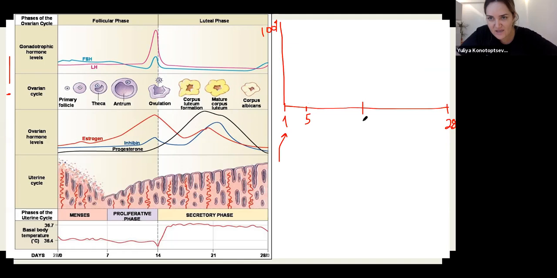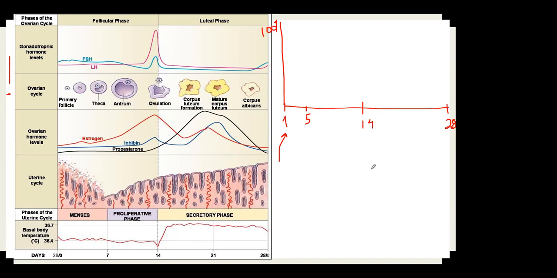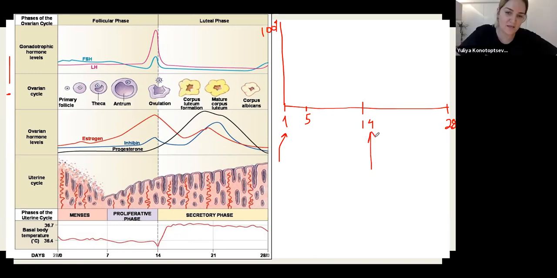What happens on day 14, in the middle of the cycle? Ovulation. Day 14 is the time when ovulation typically happens. Ovulation, we have said, is basically when the follicle ruptures.